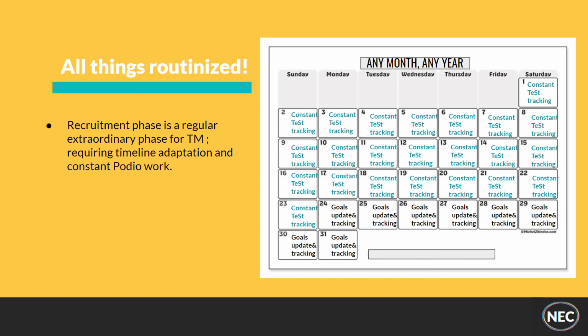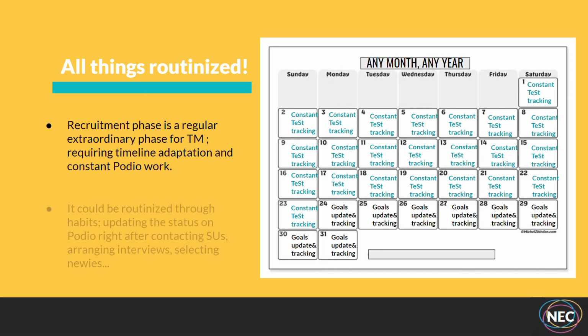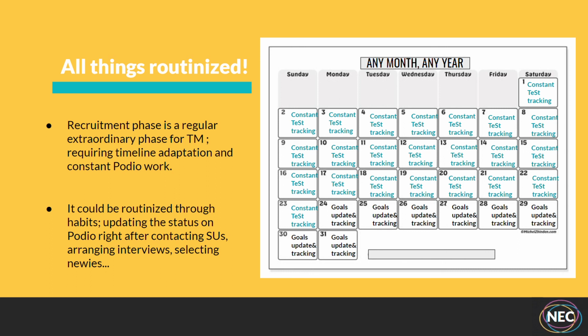And for the recruitment and onboarding parts, the recruitment phase is, like I wrote here, a really regular and extraordinary phase for TM, which requires timeline adaptation and constant Podio work. But how I would routinize it, I put here too.